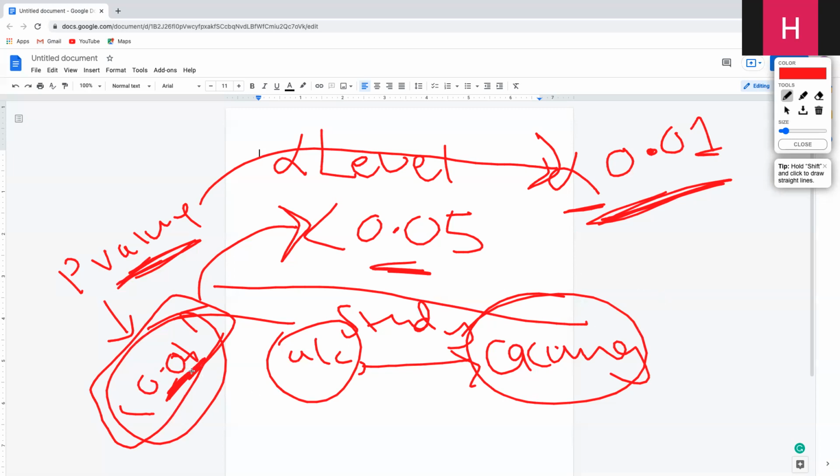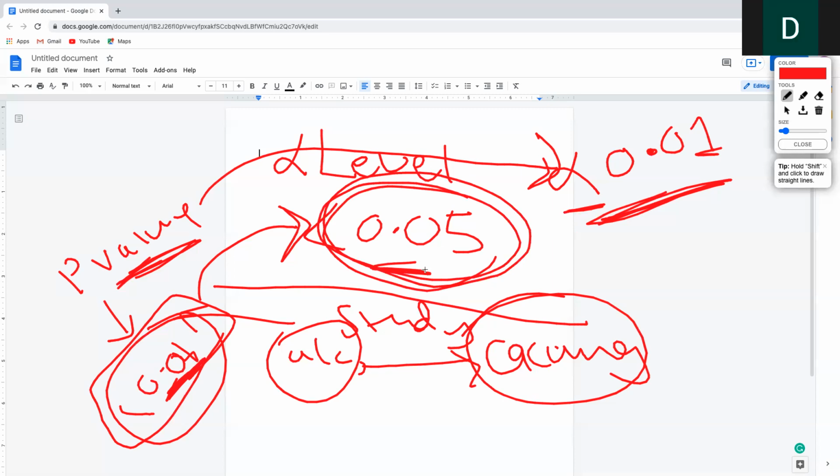If you get 4%, I cannot accept it. So if it's not mentioned in a question, we assume it's always 0.05. If they don't mention it, it's 0.05. If they tell you otherwise, then you will see. Don't say that this is statistically significant.